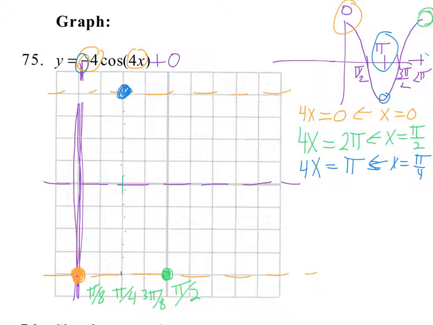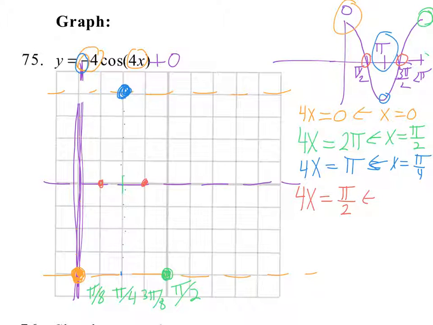For cosine, the remaining 2 points are going to be exactly in the middle of our graph on either side of the point that we just plotted. If you'd prefer, you could also set these up as equations too and do 4x is equal to pi over 2 for the first one.